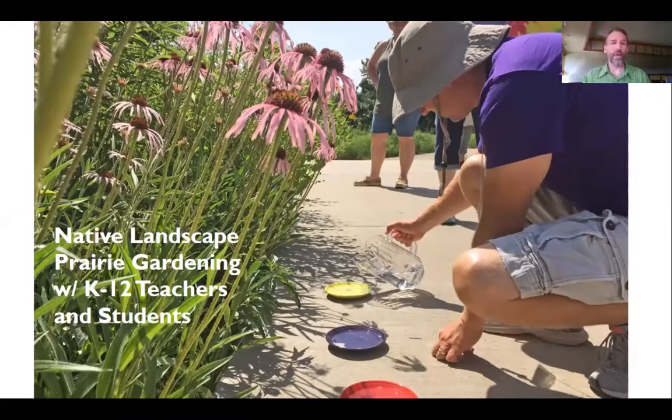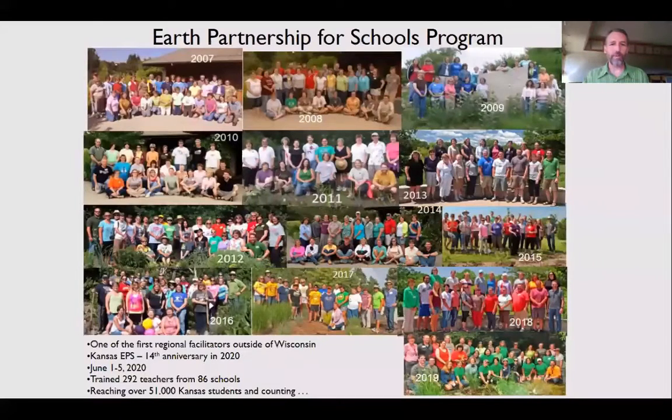They go through this native landscaping process with their students and engage them in the landscape, the history of the landscape, the plants and the animals that are attracted to that natural landscape. That's been a really rewarding experience here at the Arboretum. We've been able to train nearly 300 teachers in that process and have reached about 90 schools now.